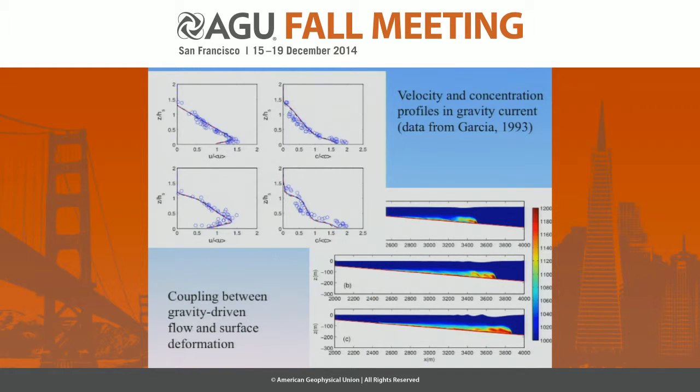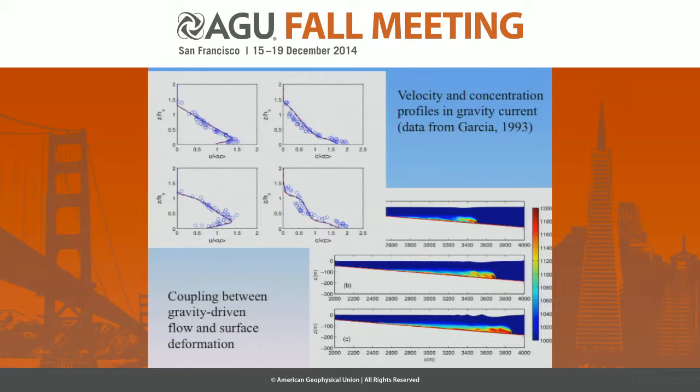An example of that, just sort of validating the concept, here's a model of gravity current evolving over a plane slope. Data from Marcelo Garcia back in '93, and plots of velocities normalized by a characteristic value, and also vertical sediment concentration distributions, with the solid line representing model results and the circles representing lab data.